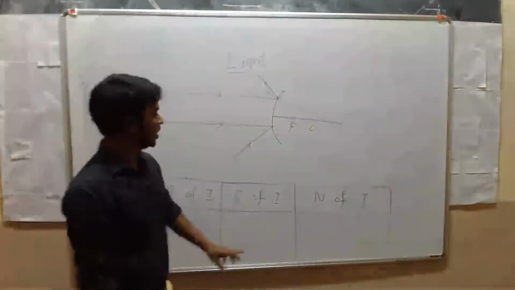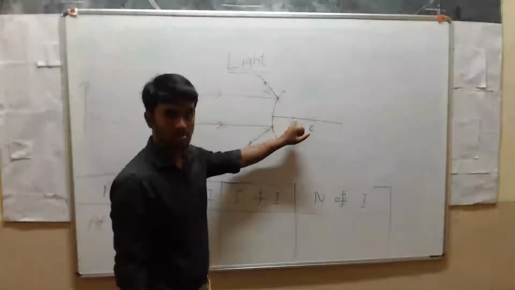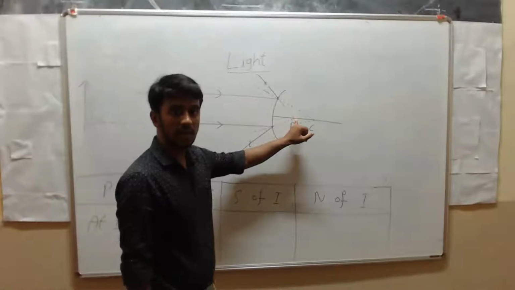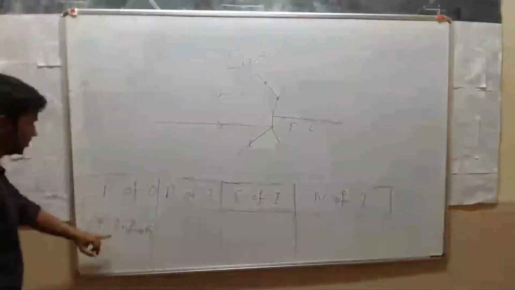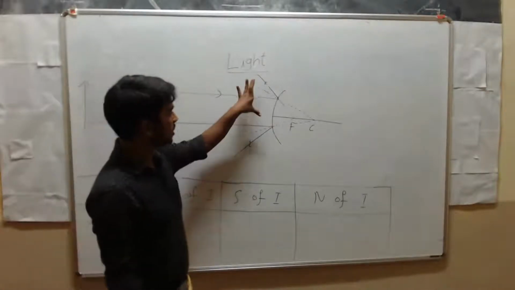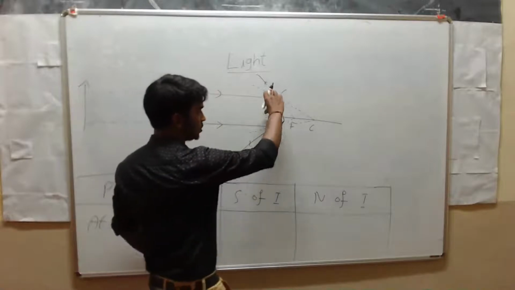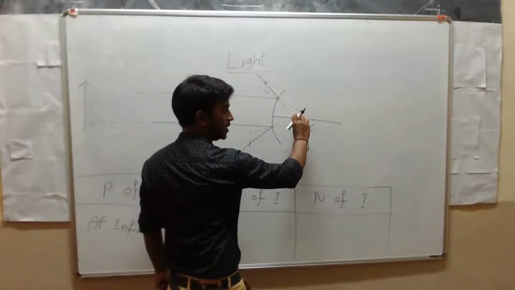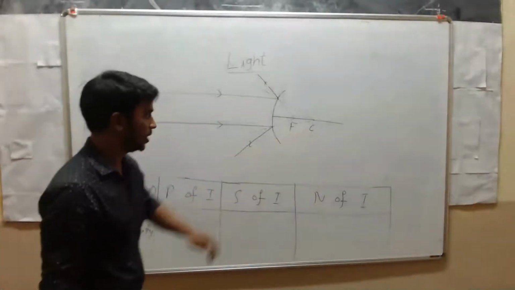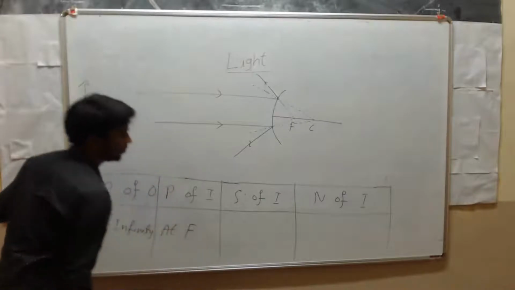Observe here: these two reflected rays are virtually meeting at F. So position of the object at infinity, position of the image: these two rays are not actually meeting, but they are virtually meeting at F. Then the position of the image is at F, the principal focus.